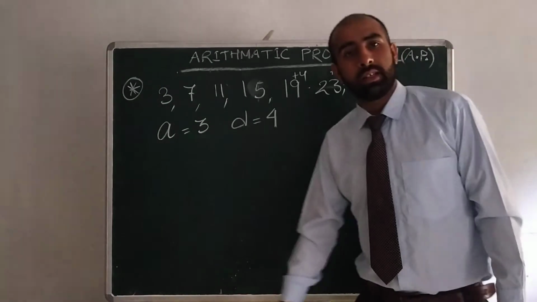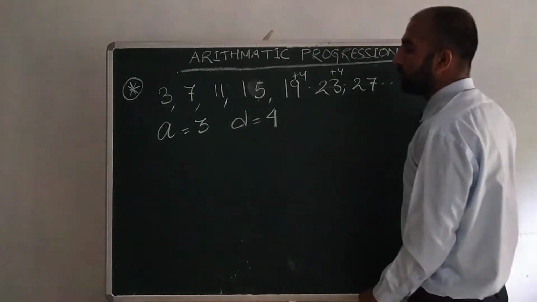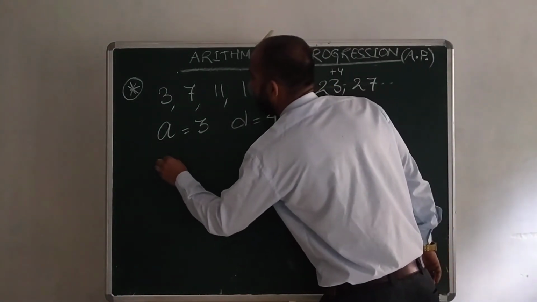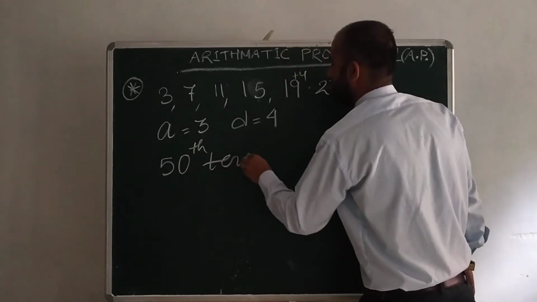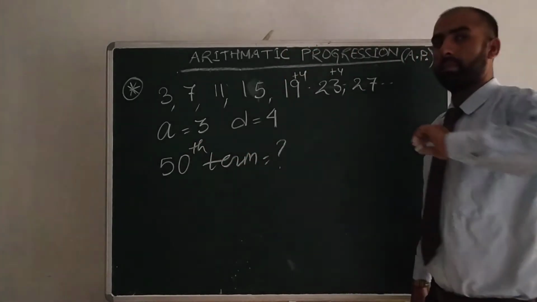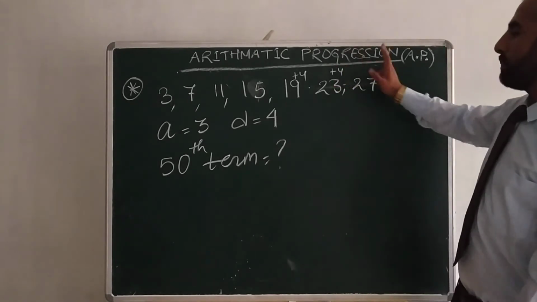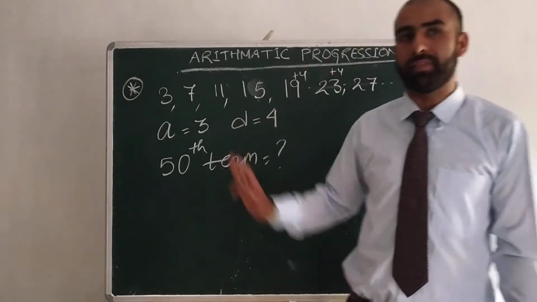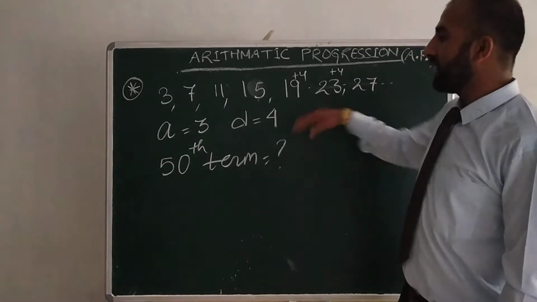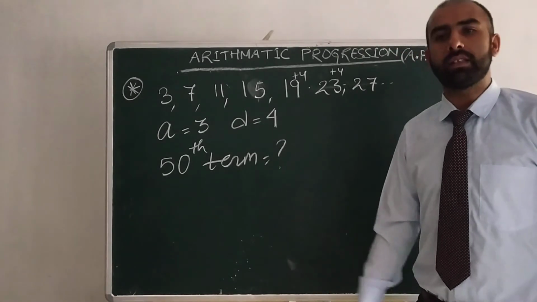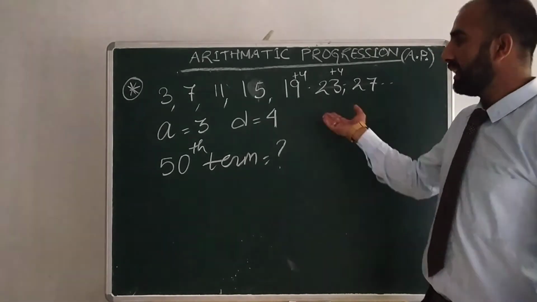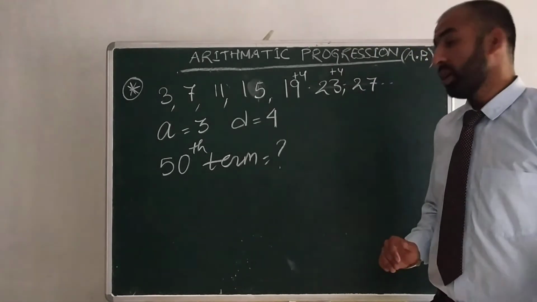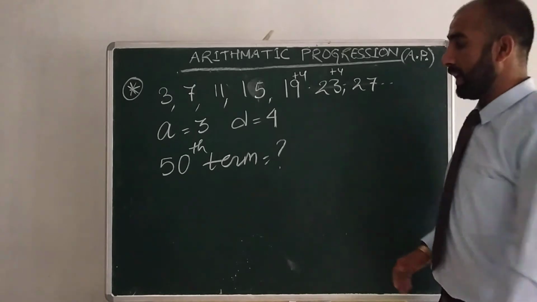Now, what if you are asked to find the 50th term? Obviously, we cannot keep on adding. It will take plenty of time, isn't it? So, to avoid this, we have got one very easy general formula to find out that particular term, which we call the term formula.